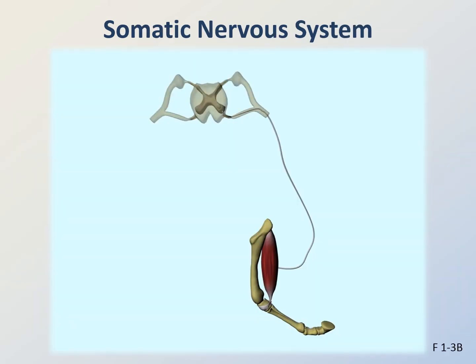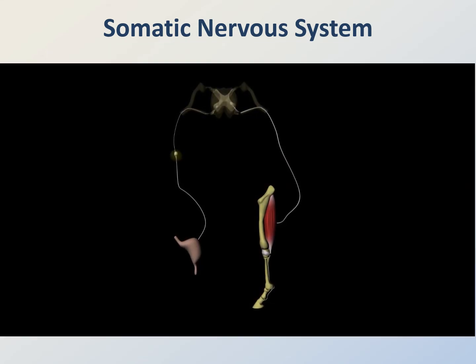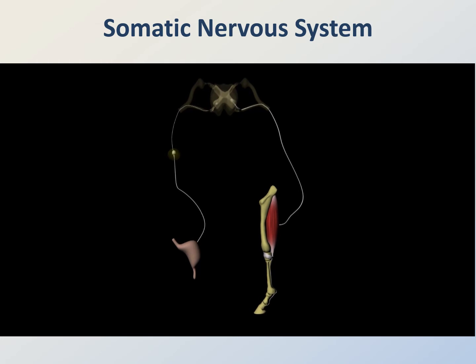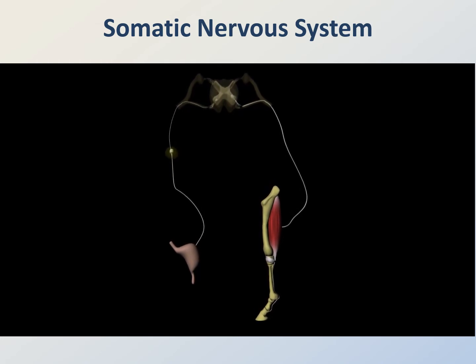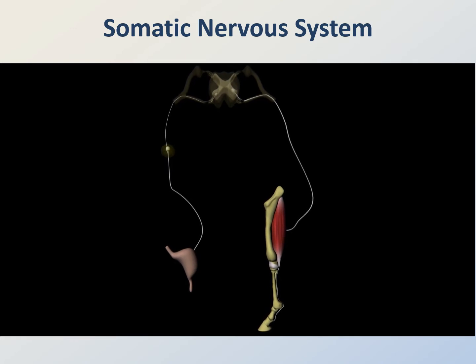The somatic nervous system in turn requires the spinal cord, where the signal is generated, a connecting neuron which carries the signal, and the skeletal muscle to carry out the required action. As we have already mentioned, the motor nervous system carries information from the central nervous system to different parts of the organism.